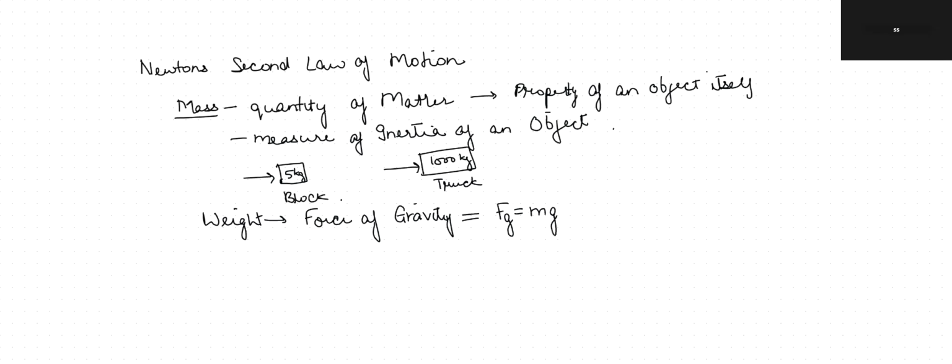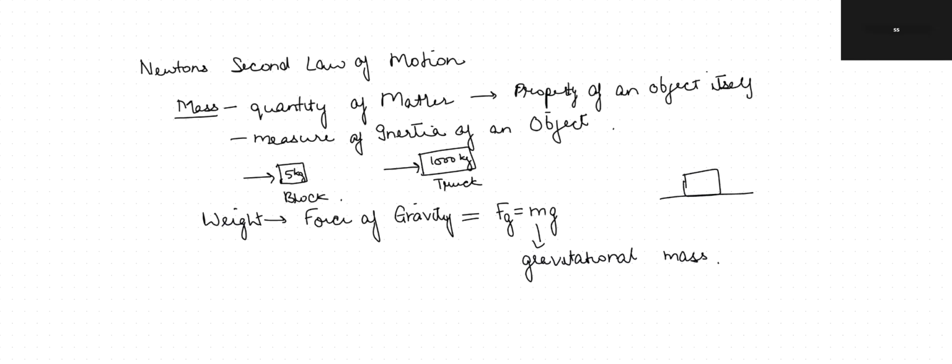So mass here means the gravitational mass. So gravitational mass is the mass which we use in determining the force of gravity acting on an object. Suppose this block is lying on a table, and we find its weight or the force of gravity, then the mass we use here is known as the gravitational mass.